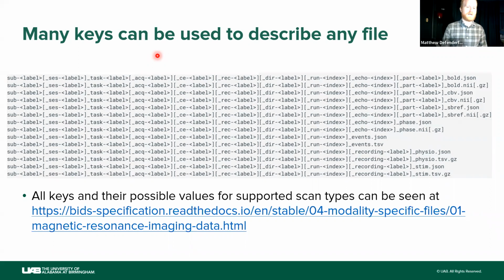I'm far from an expert in MRS data, but you can build a series of key value pairs specific to you all that makes your data much more reusable, at least within your lab, moving from person to person. So that's what I would suggest for MRS data, but you're going to have to do it manually, unfortunately, or write your own custom script to do it. Sorry for people that do MRS, which I know is quite a few.